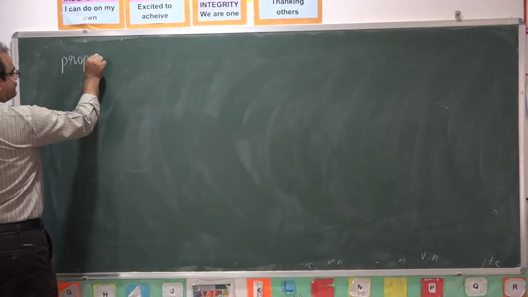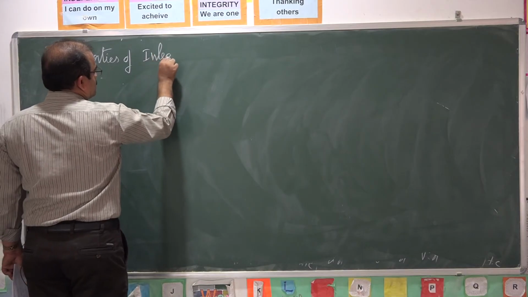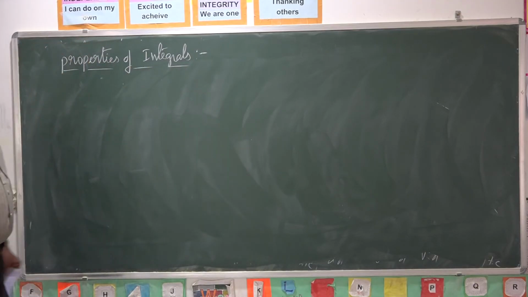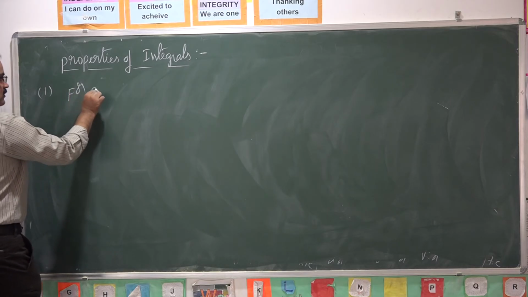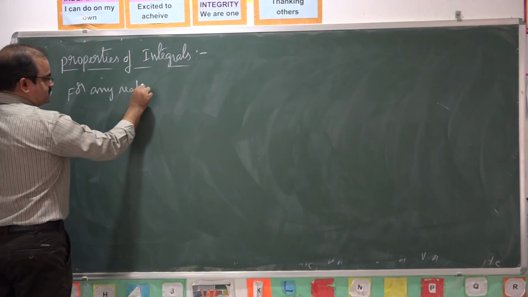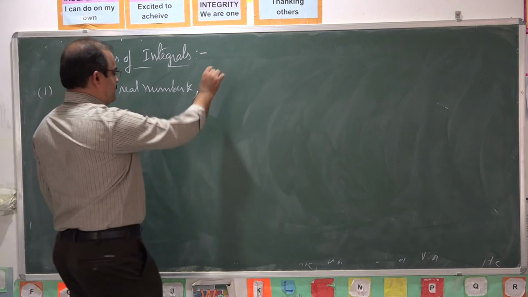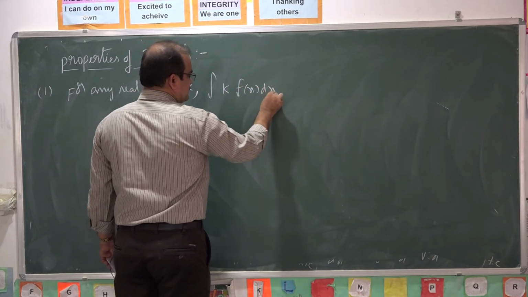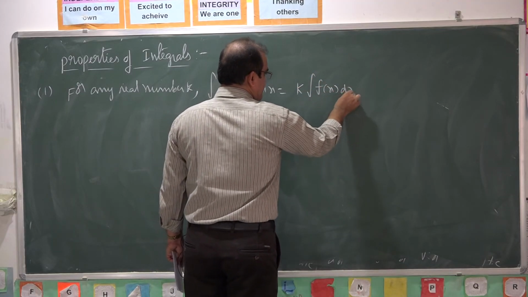Properties of integrals. First one, for any real number k, integral of k into f of x dx is equal to k into integral of f of x dx.